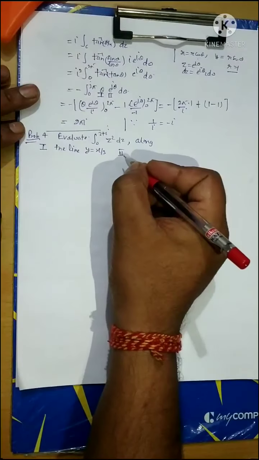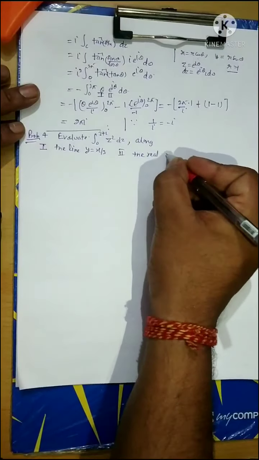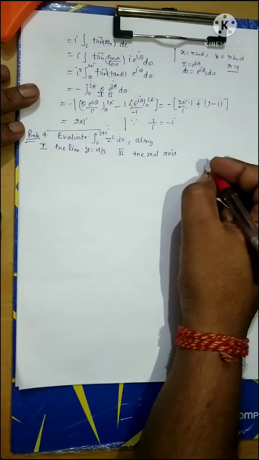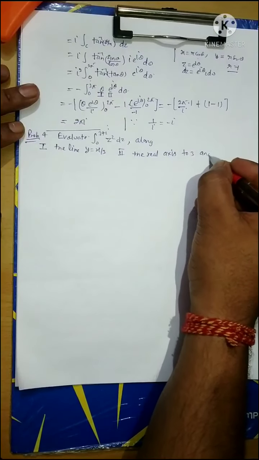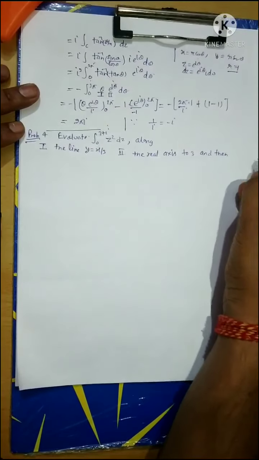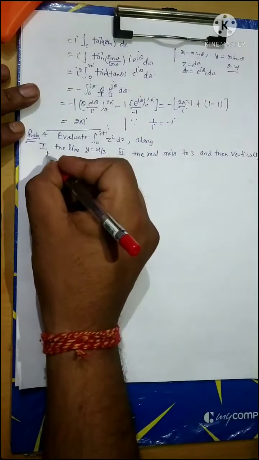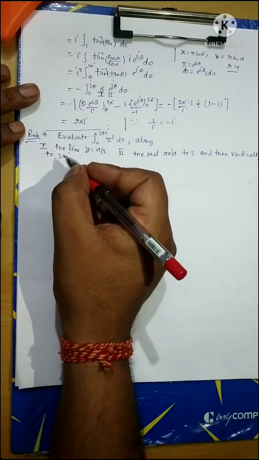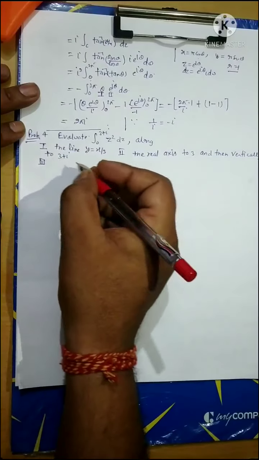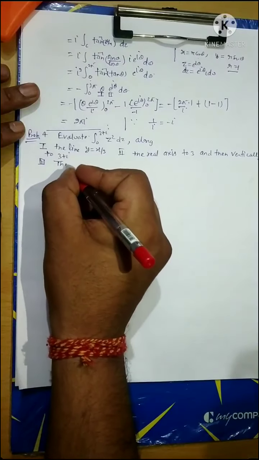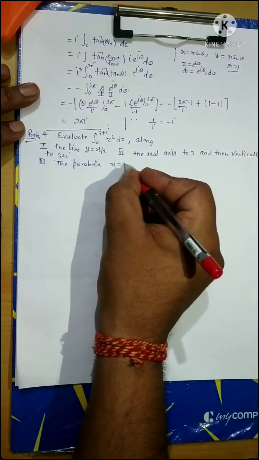Second part, the real axis to 3, and then vertically to 3 plus i. Now third part, the parabola x equal 3y square.